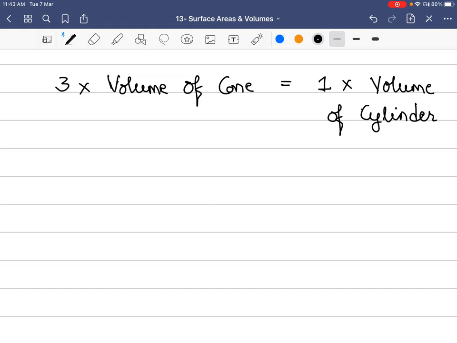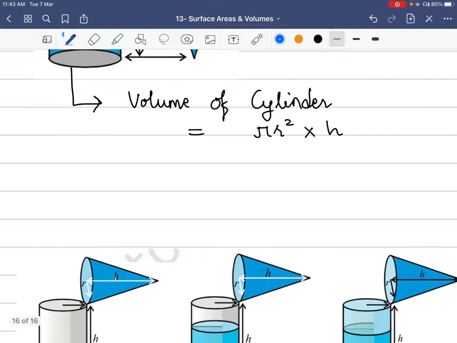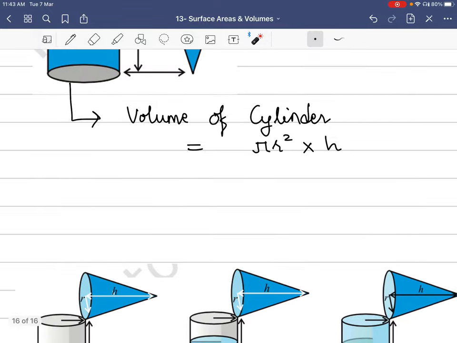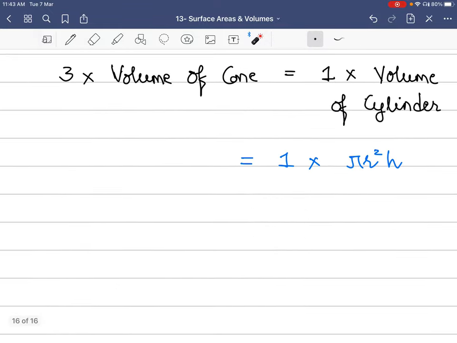Now we know the formula for the volume of cylinder, which is pi r square h. That's what we mentioned here. And thus we easily get the volume of cone. Therefore volume of cone will be equal to what?